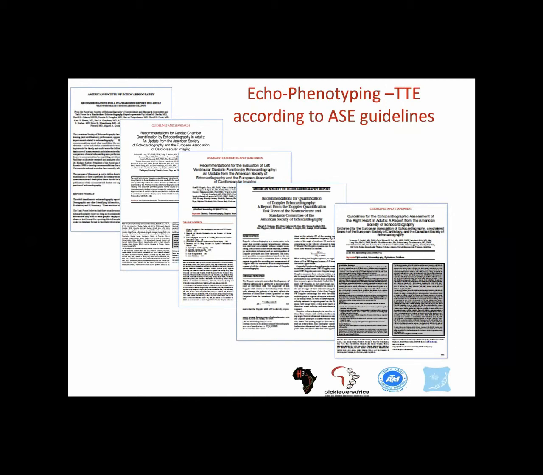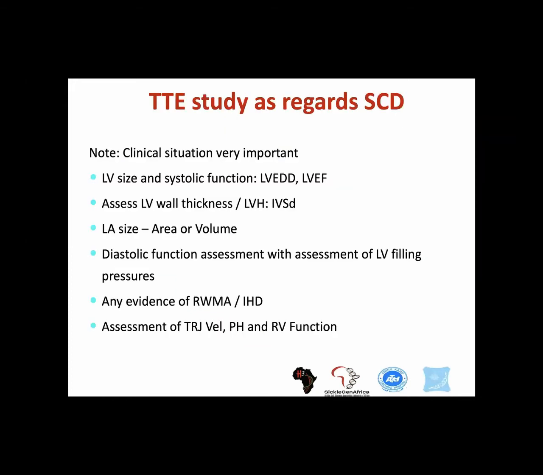Suffice to mention that in our study we are measuring LV size, systolic function, and diastolic function using several ways. We assess wall thickness, the left atrial area and volume, and the presence or absence of regional wall motion abnormality, because we mentioned that these patients could have microvascular infarct that causes problems for them. And of course, we assess the RV, pulmonary hypertension, as well as RV function.